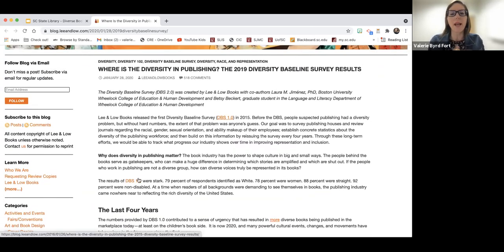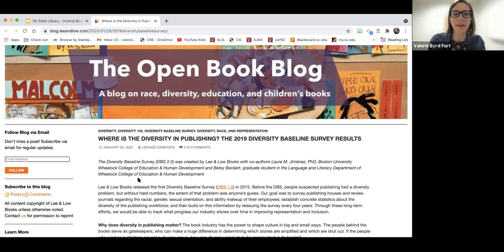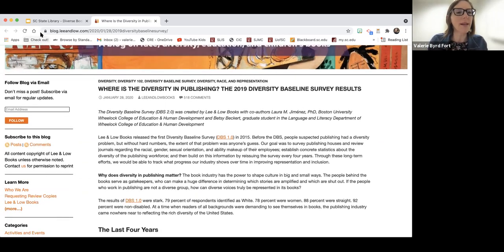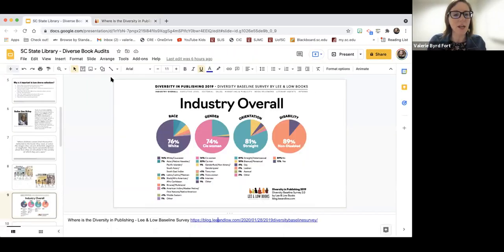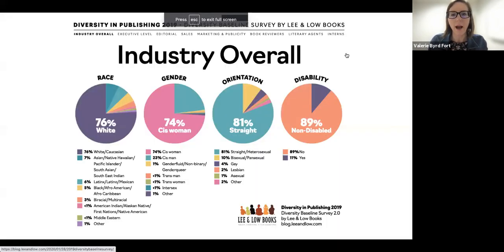So, there's like the big five, right? But then there are smaller publishers too, and maybe consider getting materials from those publishers that focus more on publishing diverse books and working with diverse authors and illustrators. So I wanted to make sure that you had that information in your back pocket also, because it is important to be familiar with that.